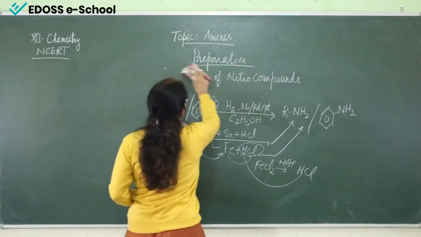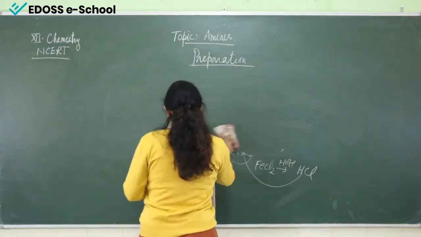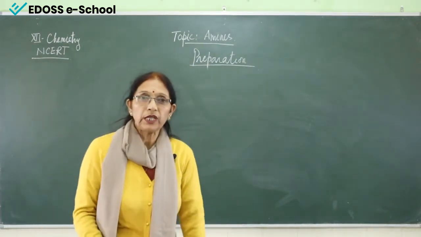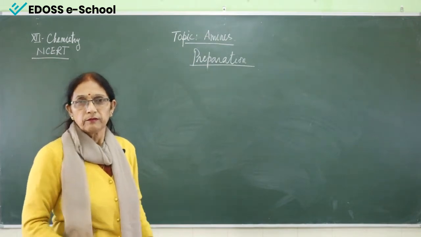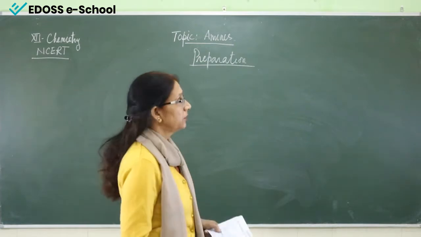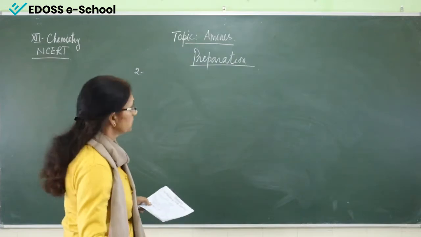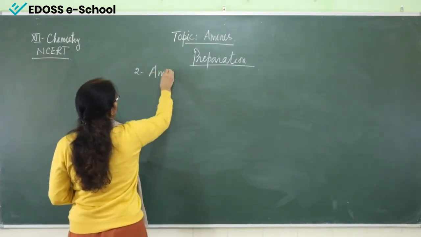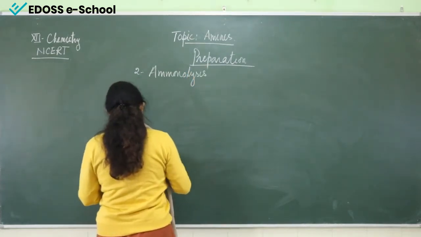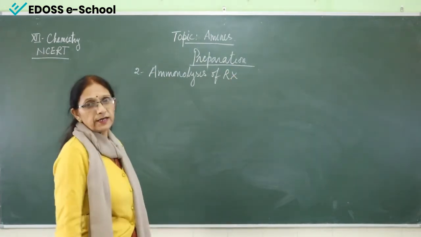Now coming to the second preparation. This is also very important, and remember, in this reaction only primary amines are formed. Reduction of nitro compounds gives only primary amine. Now the second method is ammonolysis, ammonolysis of RX, meaning alkyl halide.